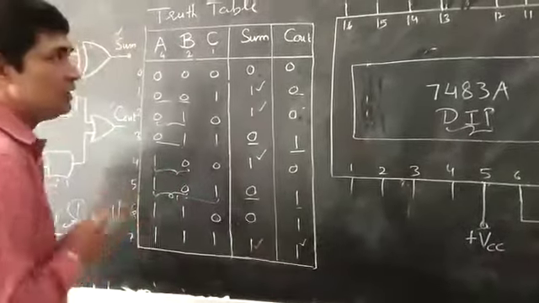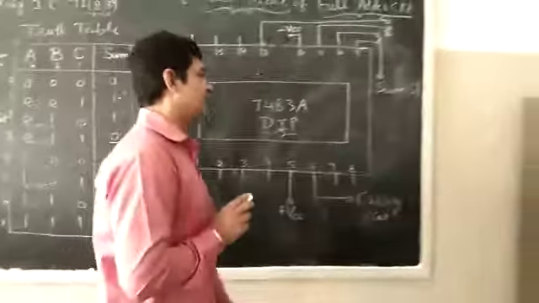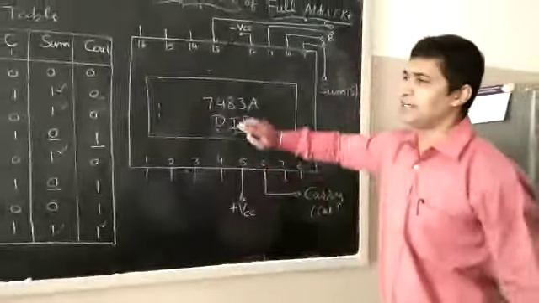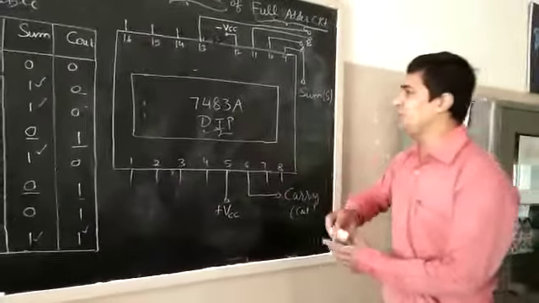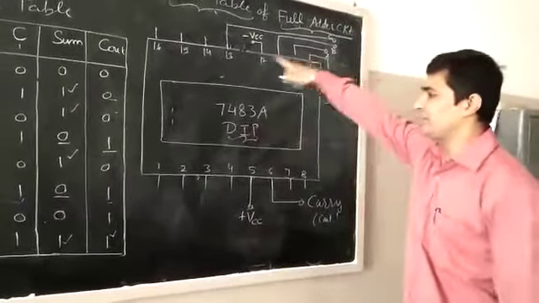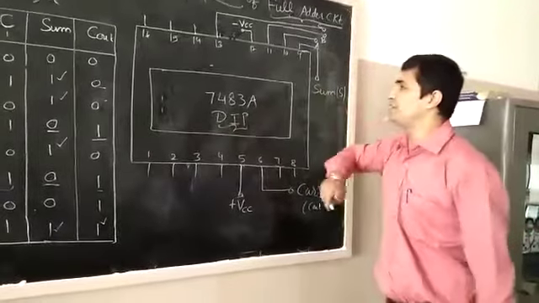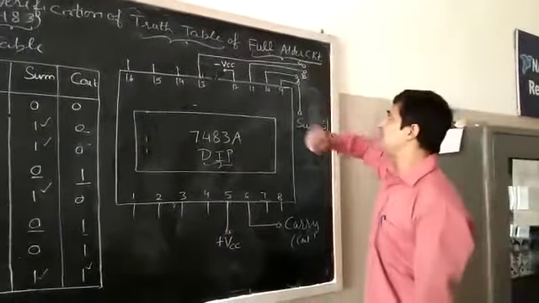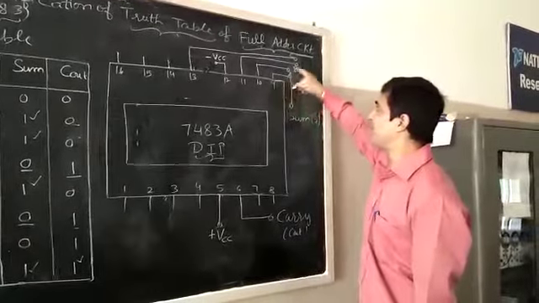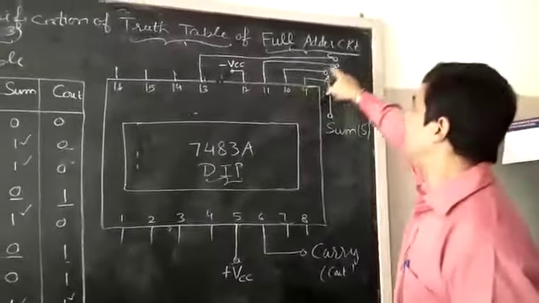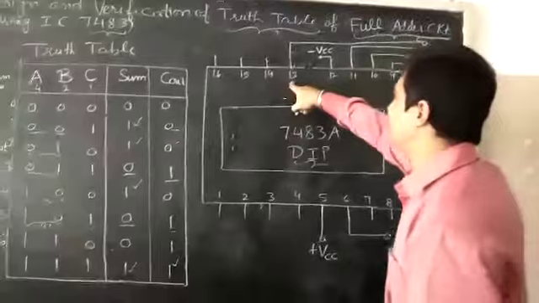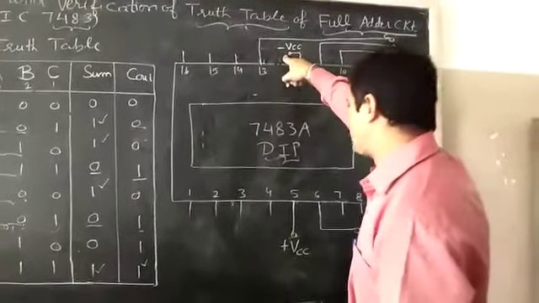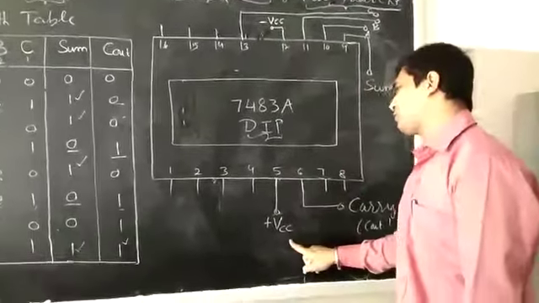Again, I told you, we have already covered that 7483 is a dual inline package IC composed of 16 pins. Here inputs A, B, C are applied. A is applied at pin number 10, B at pin number 11 and C at pin number 13. 12 is connected to minus VCC and 5 is connected to plus VCC.